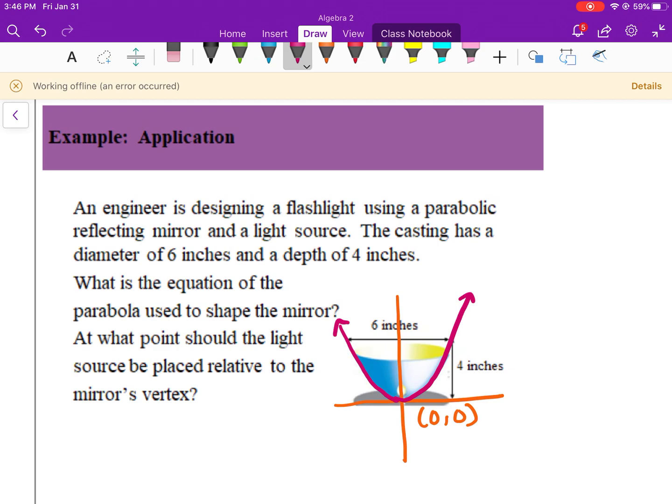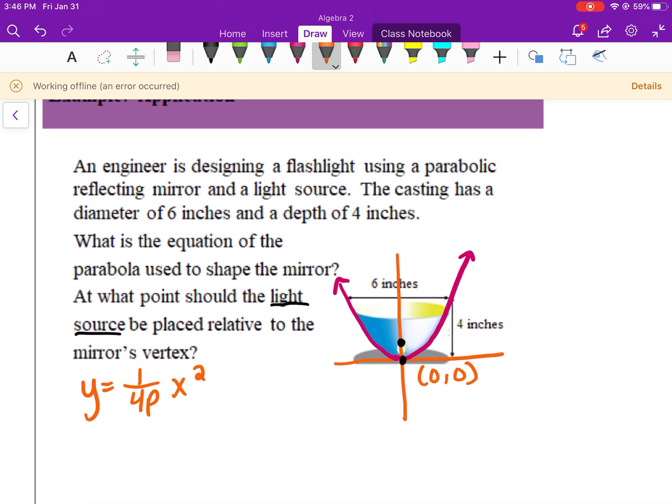And it looks like you have the vertex right here, (0, 0), and then this little light element, that's the light source. That's that point right there. So since I drew the axis at the vertex at (0, 0), and it opens up, the equation I need is y equals 1 over 4p x squared.